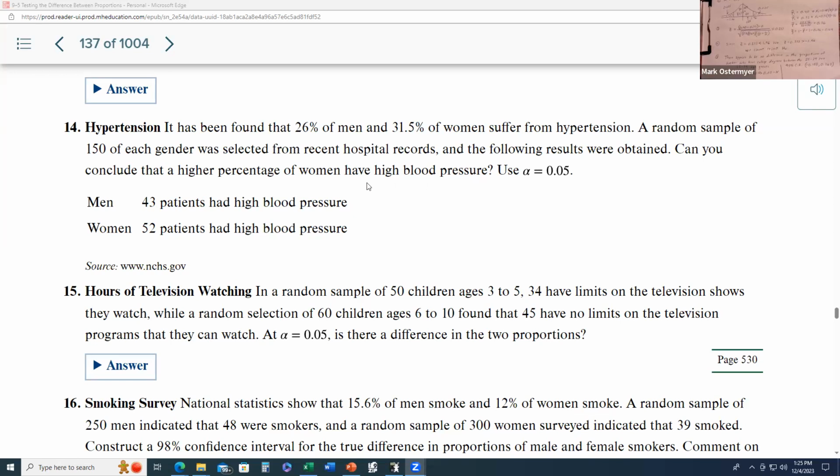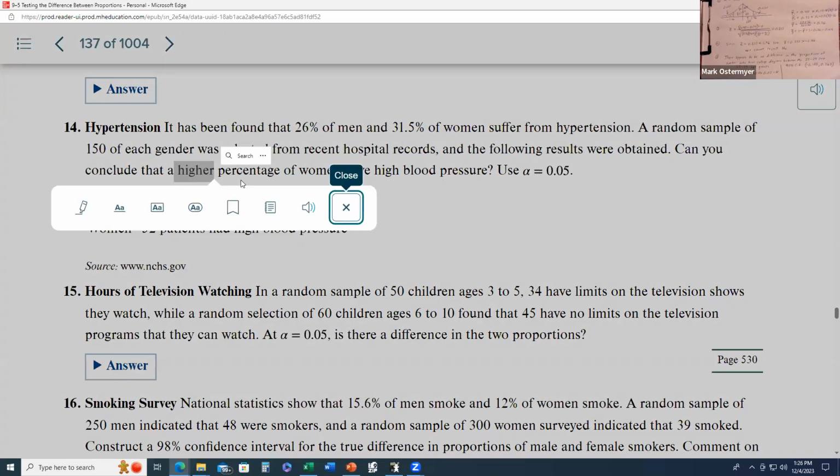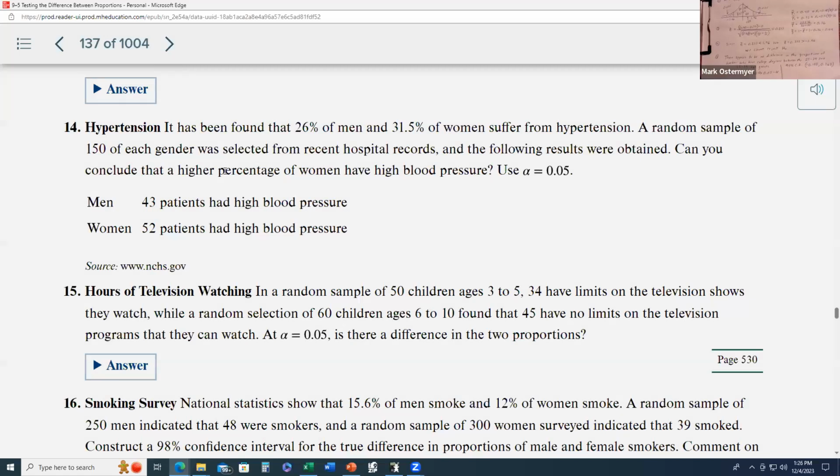And so, ladies and gentlemen, the word higher means this is a one-directional test, meaning you'd probably want to conduct an upper tail test. But I have a question for you. What order of subtraction are you going to go with? What would be population 1 and what would be population 2 if we use an upper tail test?